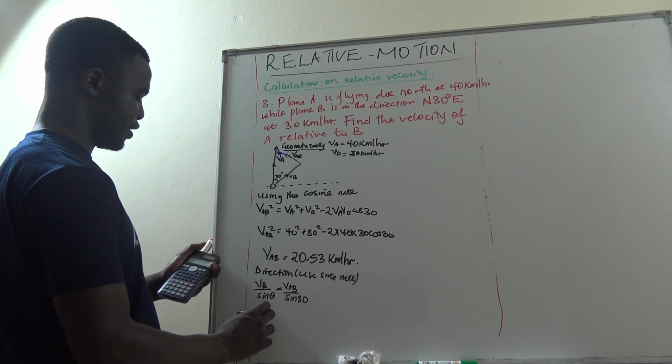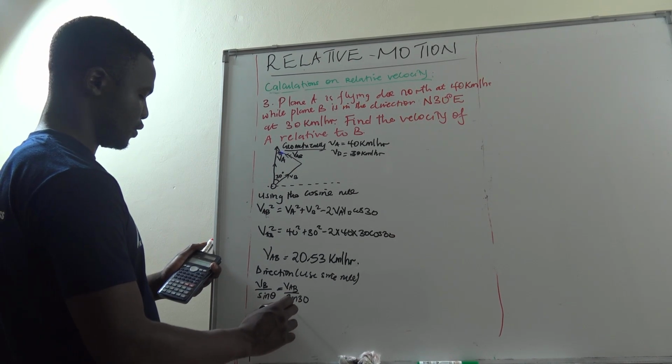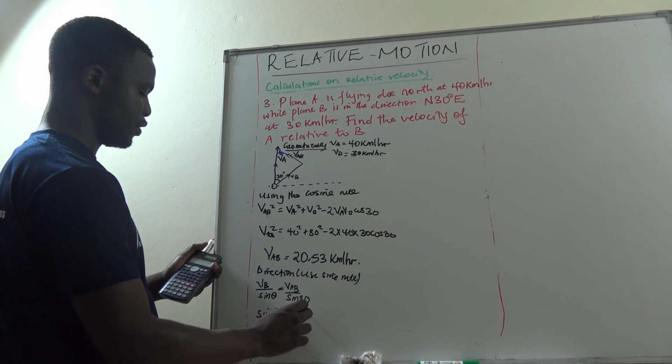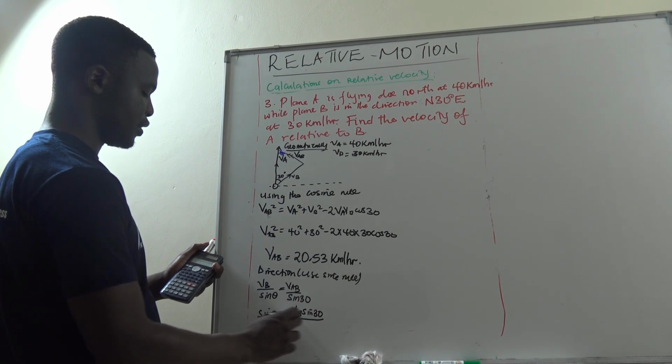Therefore, sine theta is equal to VB sine 30 over VAB.